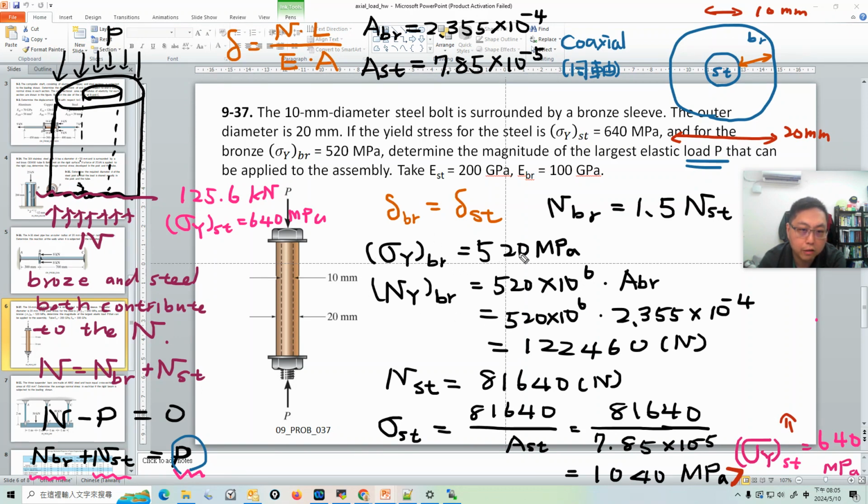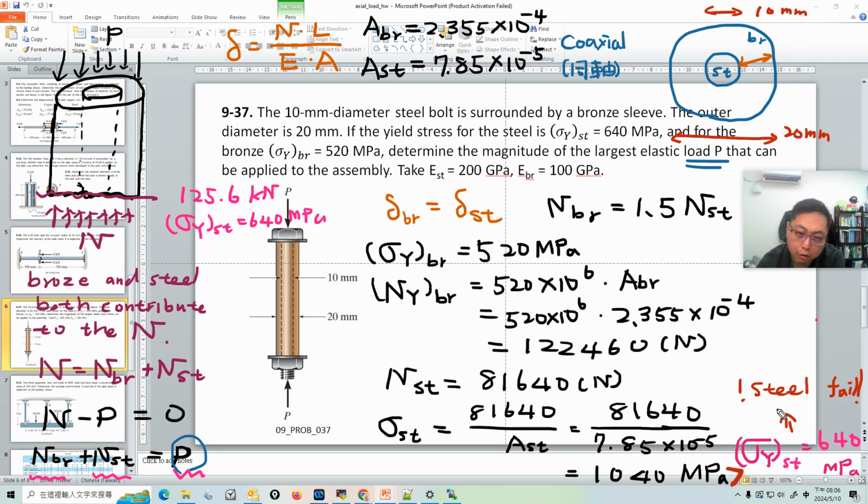That means at this limit, the steel fails. You apply this normal stress on the bronze part, and it will cause the steel to fail.